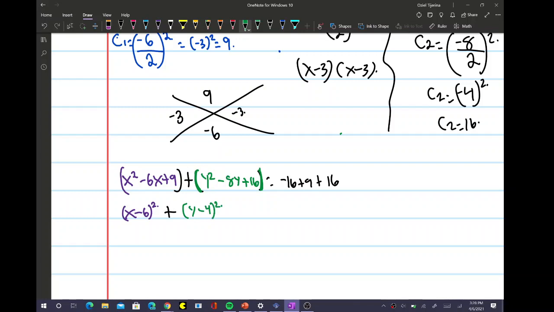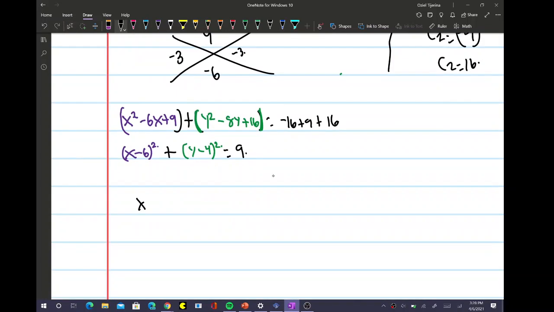And then we just add these three. This is equal to negative 16 plus 16 is 0, and then plus 9 is 9. So then we have x minus 3 quantity squared plus y minus 4 quantity squared equals 9.